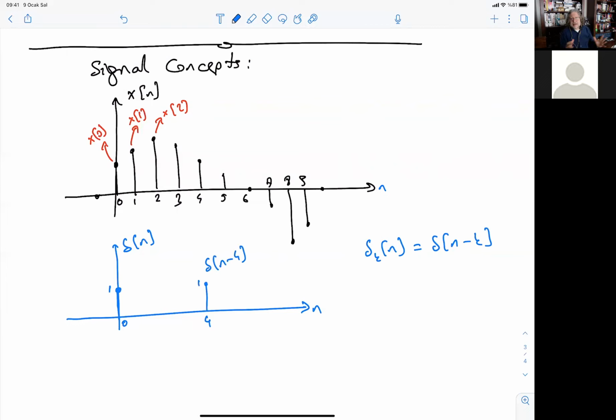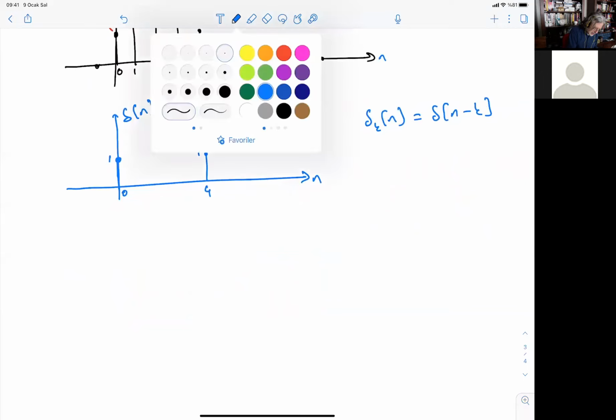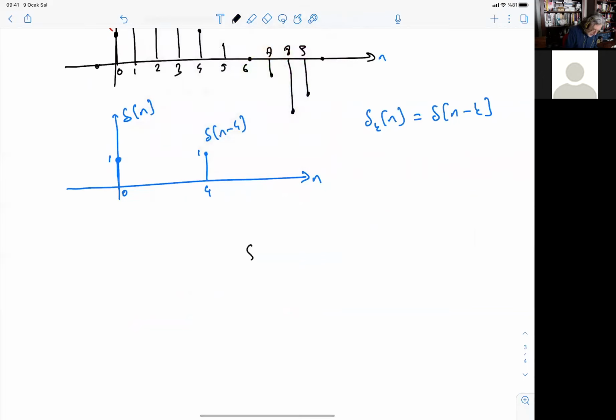Now we have these separate signals, which we will consider as basis signals for our representation of our signal. And now, are they a basis is the question. To answer that question, we must find a construction formula as a summation of these basis signals. So what are those basis signals? They are delta n minus k.